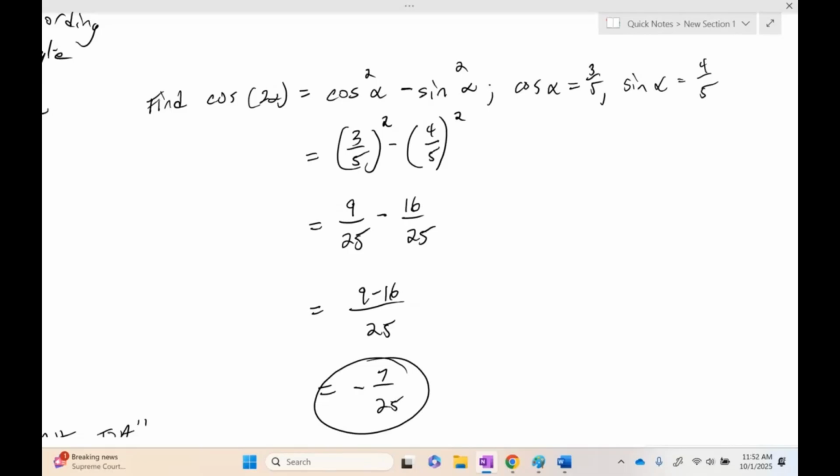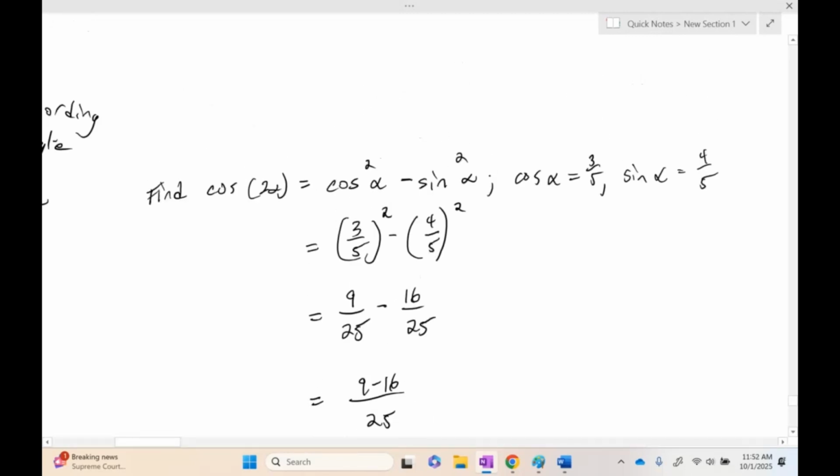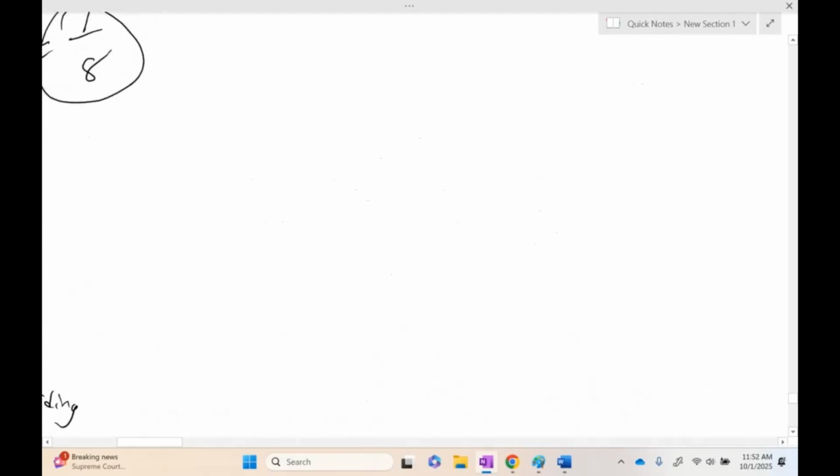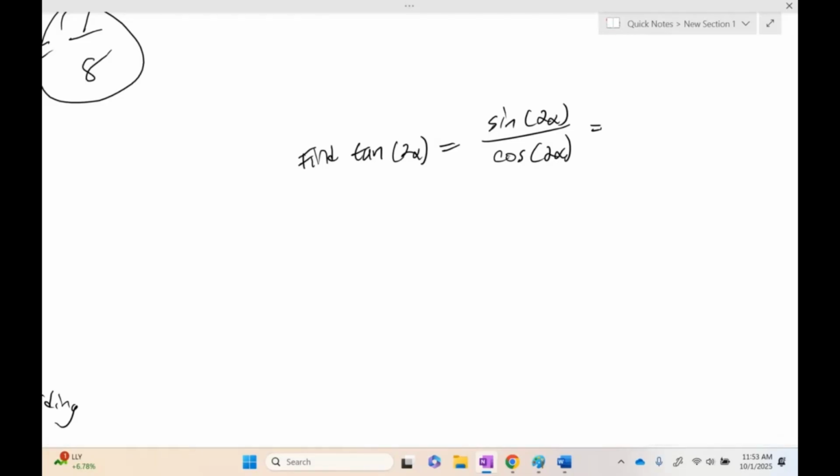And then lastly, we want to find the double angle for tangent. So we're going to use the tangent of 2 alpha is the sine of 2 alpha divided by the cosine of 2 alpha. So we're going to use the calculations from the previous steps.